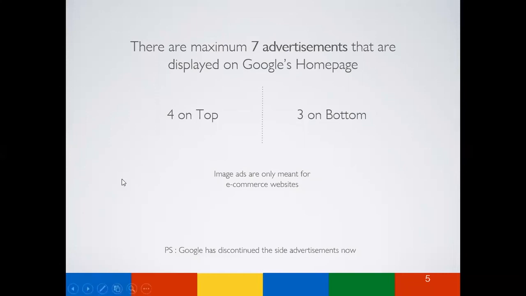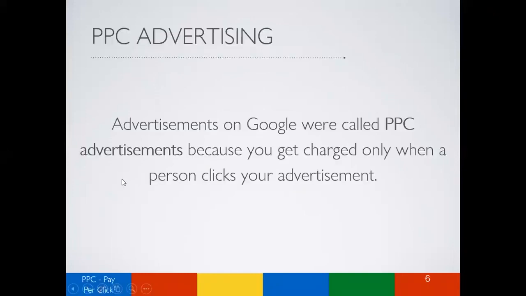Okay, perfect. So the next is PPC. Why do we call this advertisement format PPC? It is because of one reason: it works on a pay per click model. You are not paying for showing your ad, you are paying to Google only when your ad is clicked.